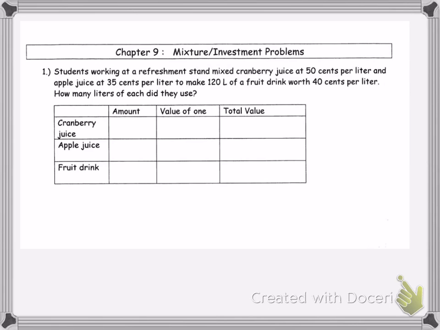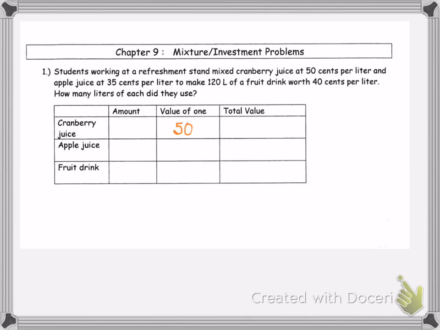So if you take a look at the first problem, it says students working at a refreshment stand mixed cranberry juice at 50 cents per liter. So we're going to fill in for the value 50 cents for cranberry juice. And I'm going to leave my cents in integers instead of writing a decimal, but you could also be uniform and make sure that you use that as 0.50.